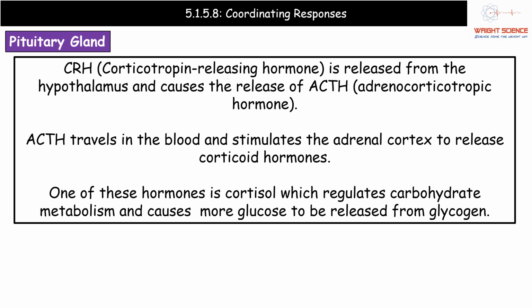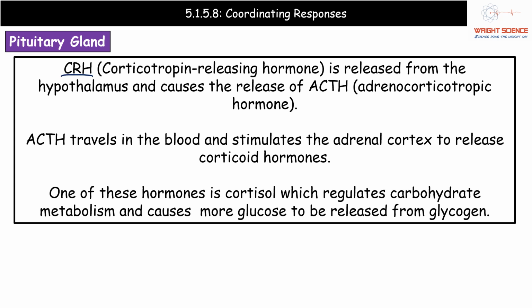One example is CRH, corticotropin releasing hormone. That's released from the hypothalamus, and it causes the release of ACTH, adrenocorticotropic hormone. The ACTH then travels in the blood, and it stimulates the adrenal cortex to release corticoid hormones. You don't have to learn the full name, so go with abbreviations where we can.